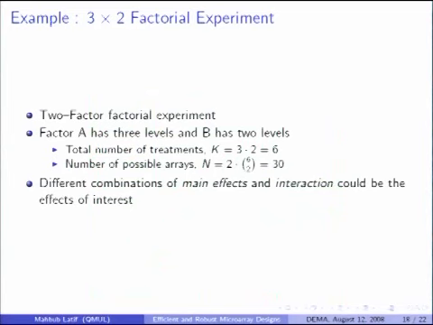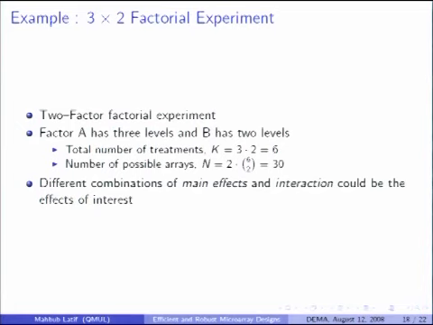Now I'll show one example of genetic algorithm. I consider a 3×2 factorial experiment with two factors. One factor has 3 levels, and the second factor has 2 levels. So the total number of treatments is 6, and the number of possible arrays is 30.